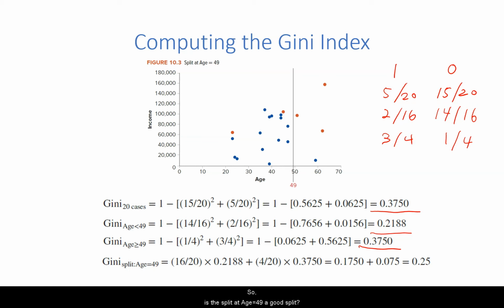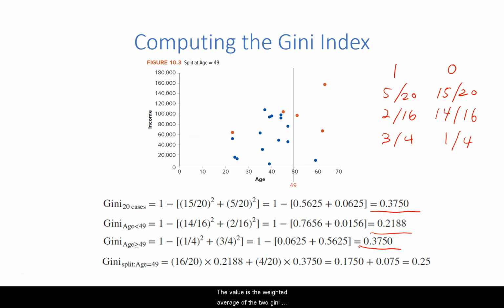So, is the split at age equal to 49 a good split? In other words, does the split increase the purity of the subsets? Well, in order to compare the Gini index after the split with the Gini index before the split, we need to combine the Gini indexes for the two resulting partitions into one value.